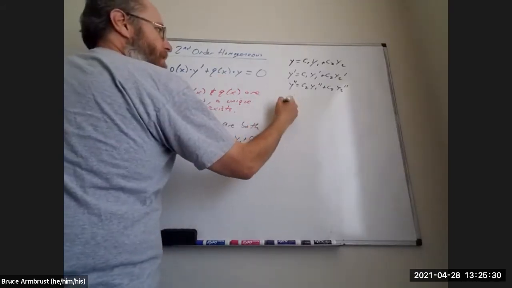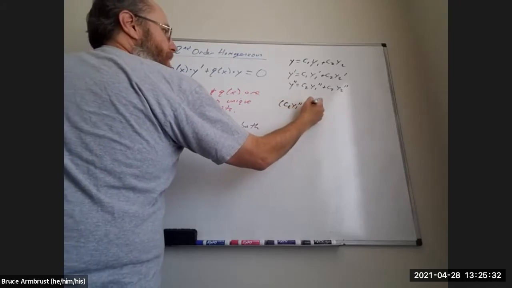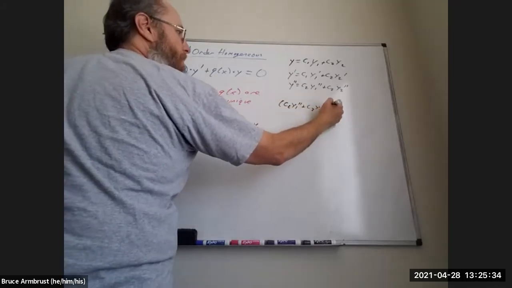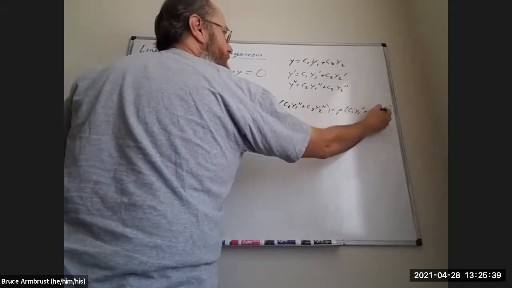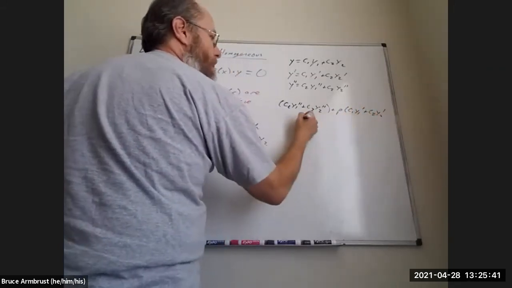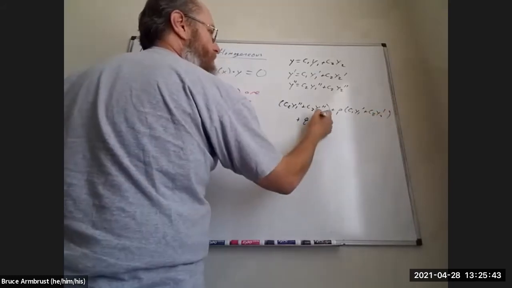So you're going to get the second derivative plus p times the first derivative plus q times the original function.